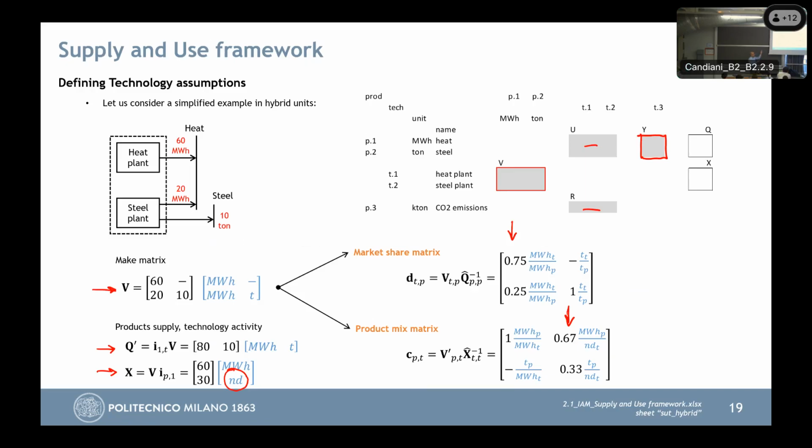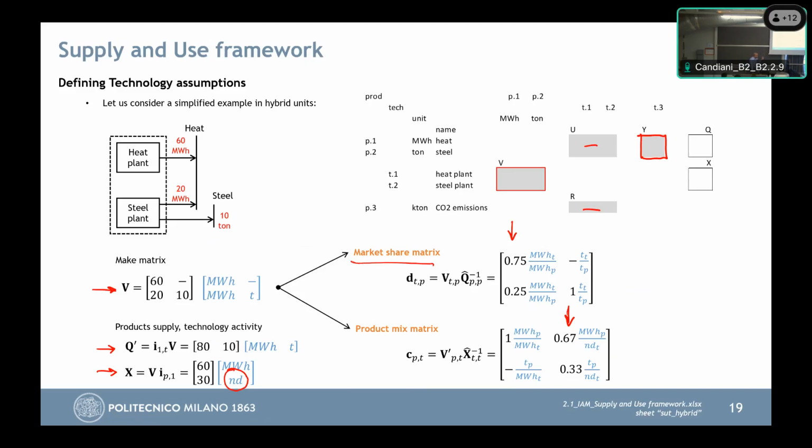What's the meaning here? We have a fixed share of output for each product. So we know that, by looking at the market shares, if we are producing 1 unit more of heat, then this will be distributed according to the shares provided by the columns of the market share matrix. So we have fixed market shares.